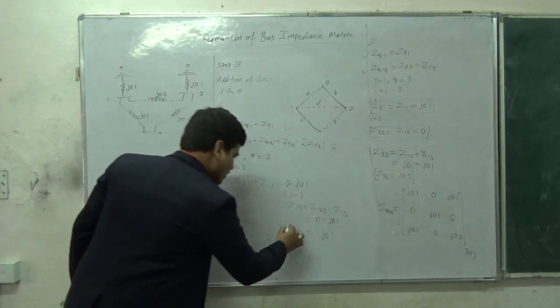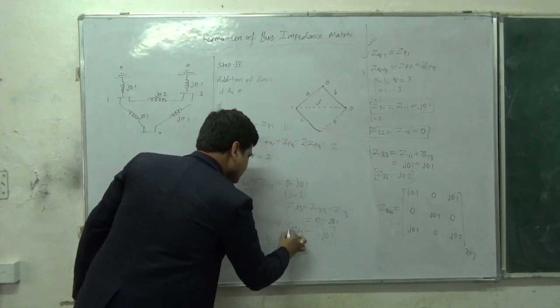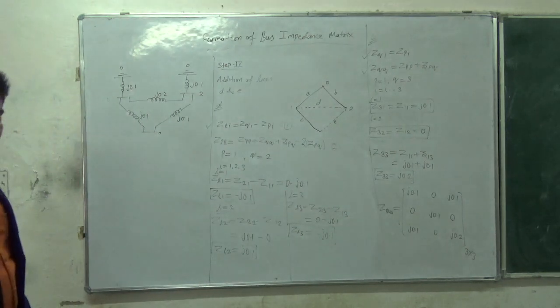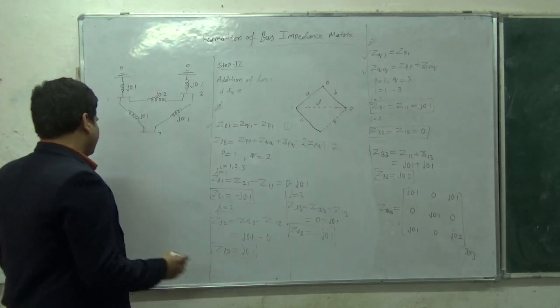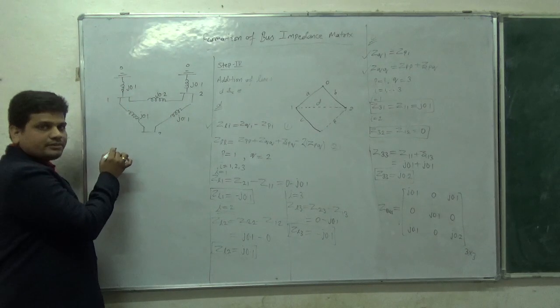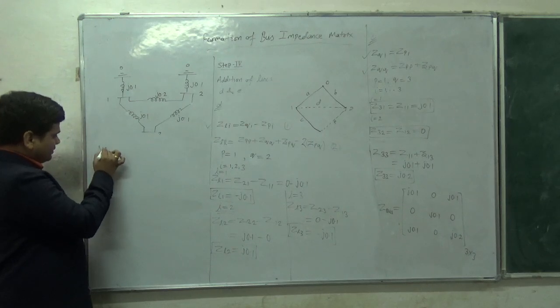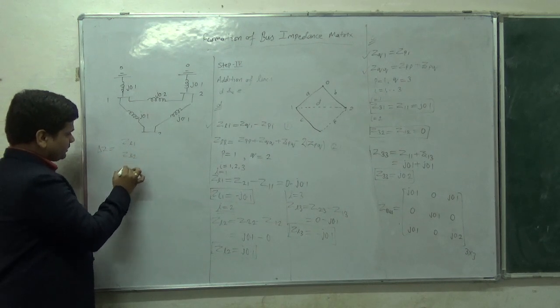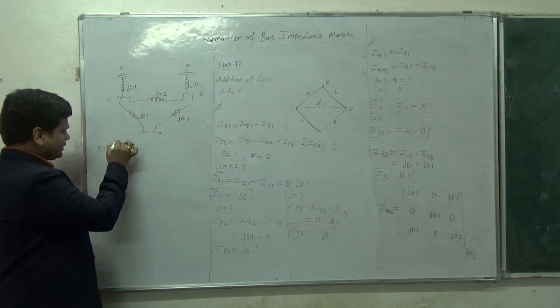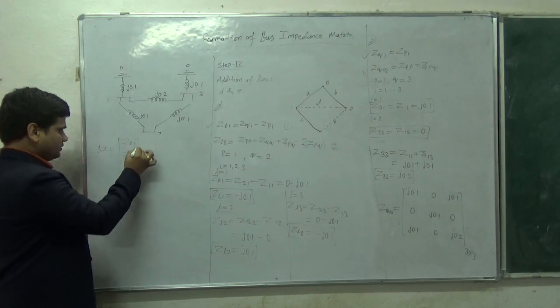Now you have ZL1, ZL2 and ZL3. Now what you have to do? Write a del Z matrix here, which is nothing but ZL1, ZL2, ZL3.